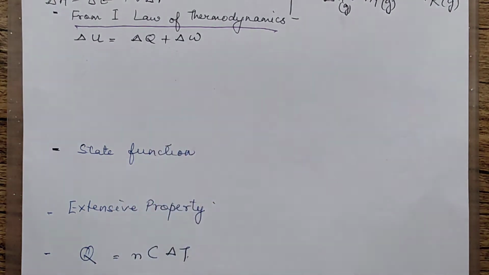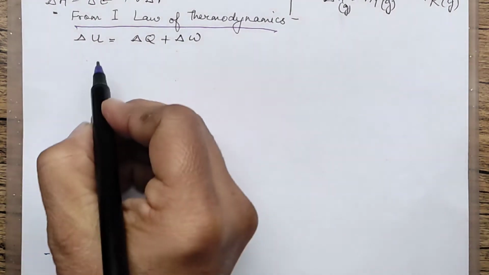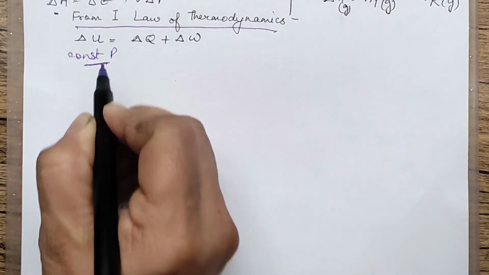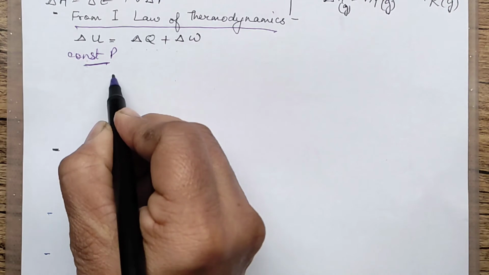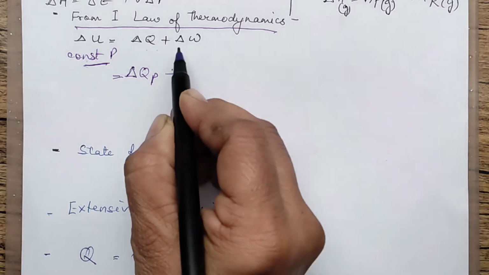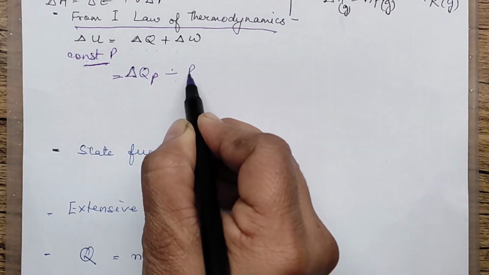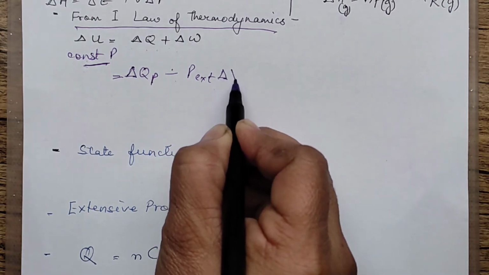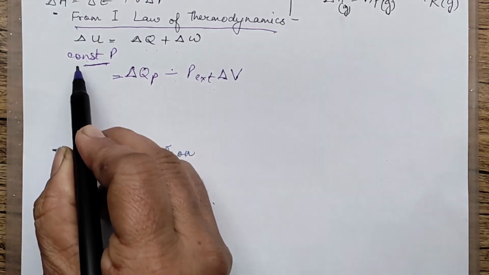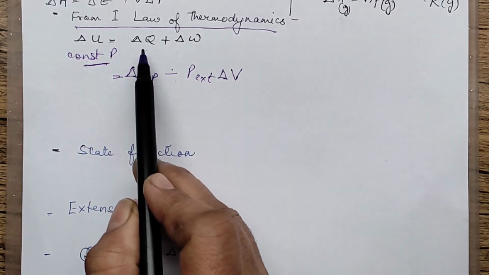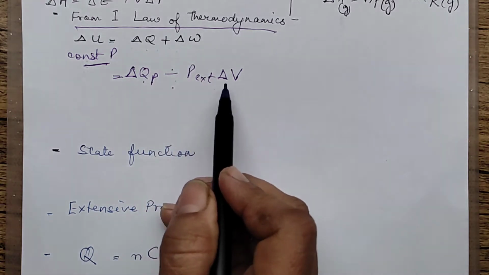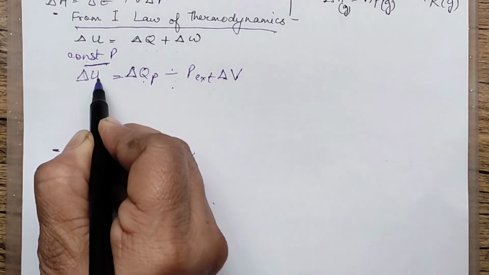If we are measuring at constant pressure, then instead of Q we write delta Q_P, and the work we write as P external delta V. That formula also we have done. Work done is equal to minus P external delta V. If we measure at constant pressure, we can make those changes.